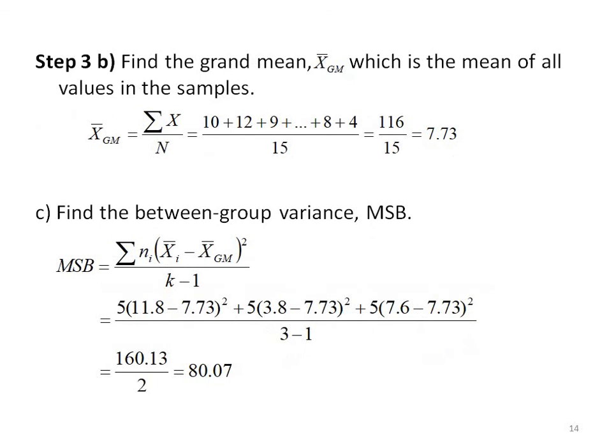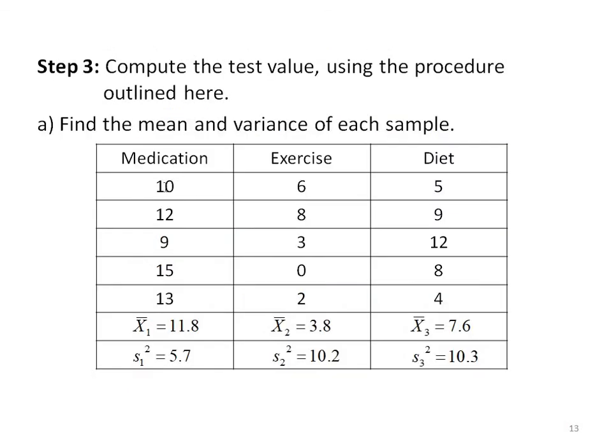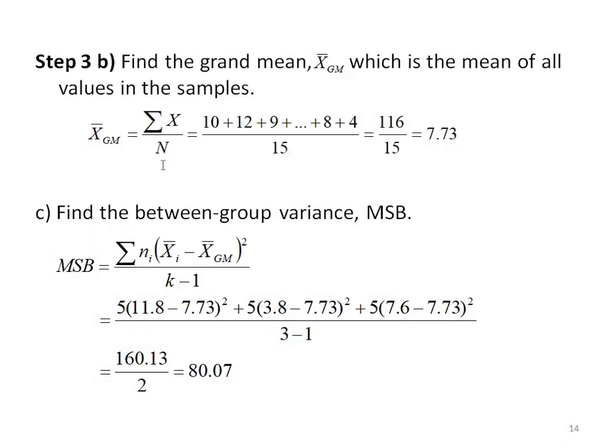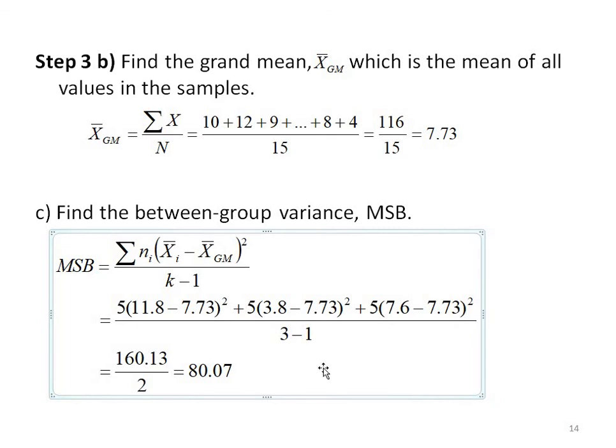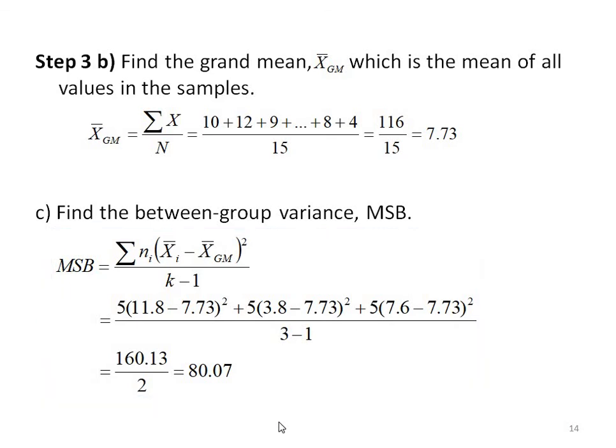Next, find the grand mean. The grand mean is the summation of x divided by n, which means that we add from the first value 10 plus 12 plus 9 plus 15 plus 13 plus 6 plus 8 until the last value 4. Divide by total sample 15. Then we get 7.73. Next, we can find the MSB by using this formula, and we will get 80.07.